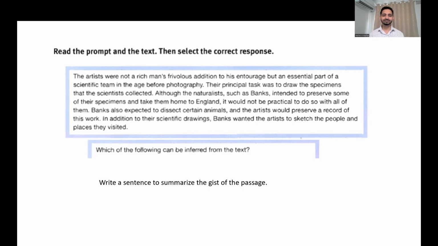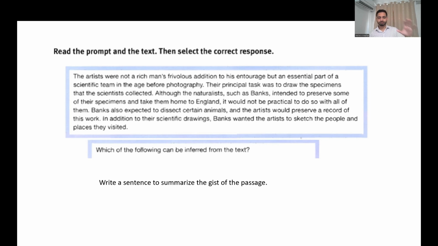Banks also expected to dissect certain animals, and the artists would preserve a record of this work. So artists were also drawing and preserving all of that work that Banks performed. In addition to their scientific drawings, Banks wanted the artists to sketch the people and places they visited. So they were also sketching the people and places that Banks visited as well.